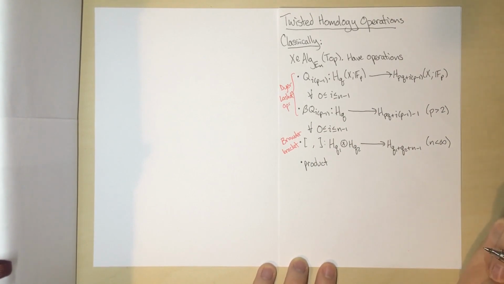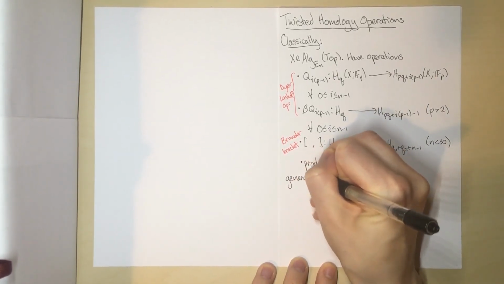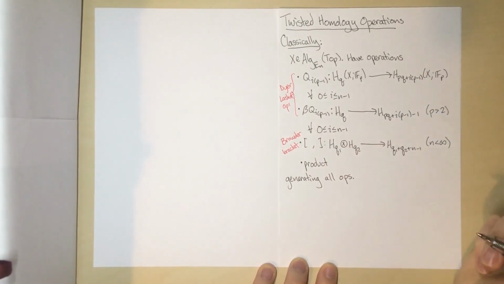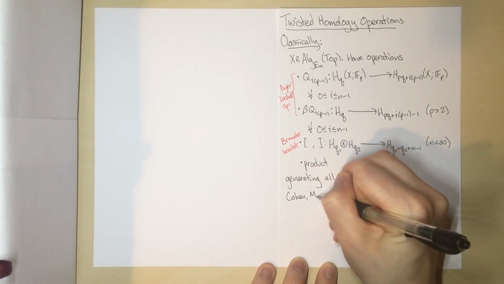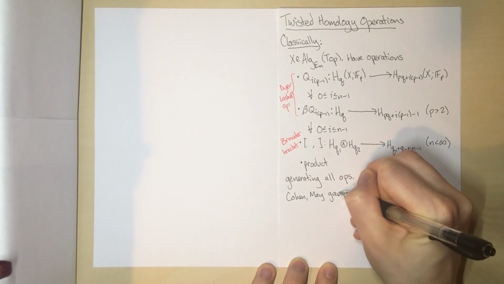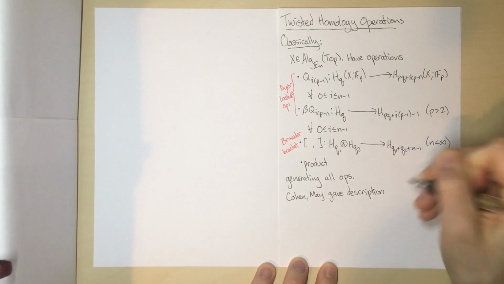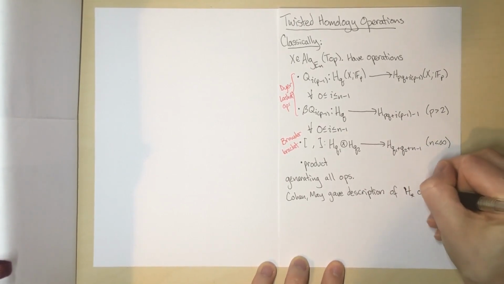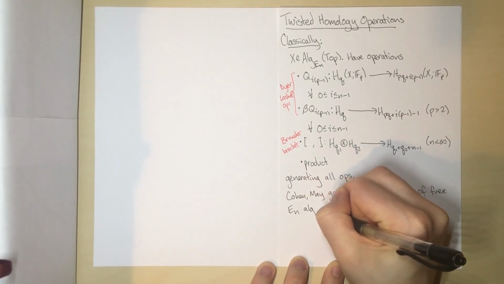Okay, so we have all of these operations defined, and it turns out that these operations generate all operations on the homology of X. So Cohen and May showed that these generate all operations, and they also showed that you can give a description of the homology of a free EN algebra in terms of these operations.